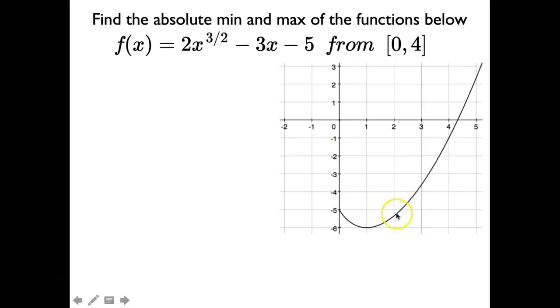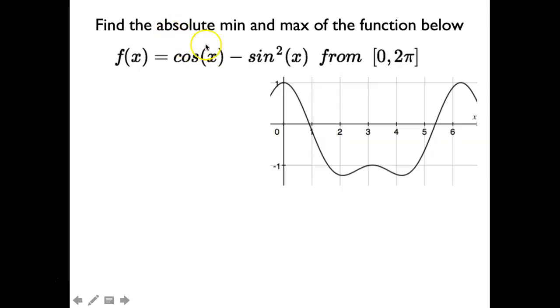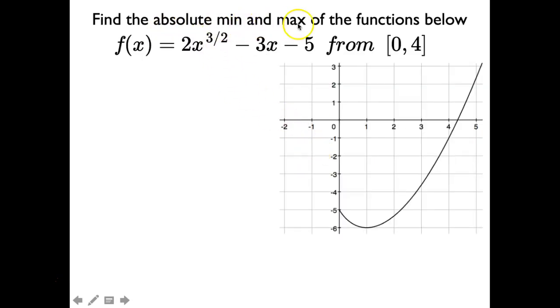Okay, let's go through here. Let's give this a try. Find the absolute min and max of this function. Since I read the words absolute min or max, I am going to set up a candidates table. It's just going to be a table.